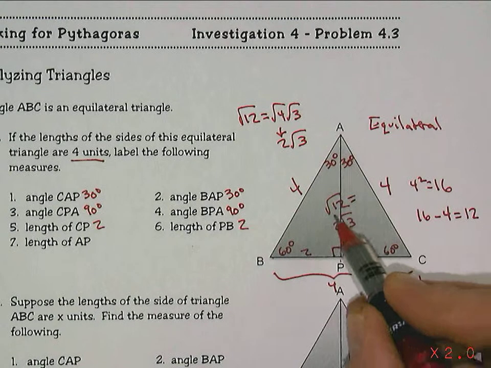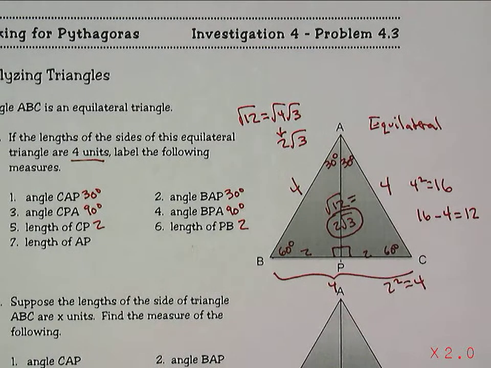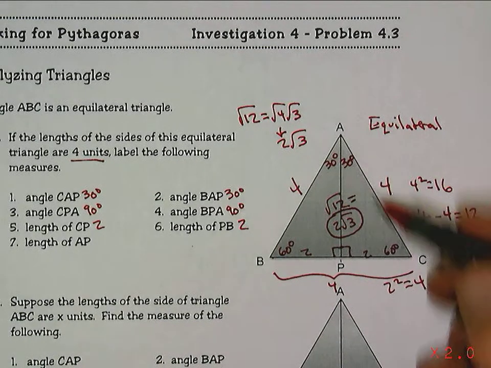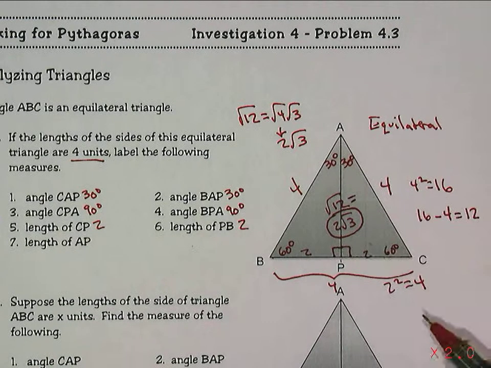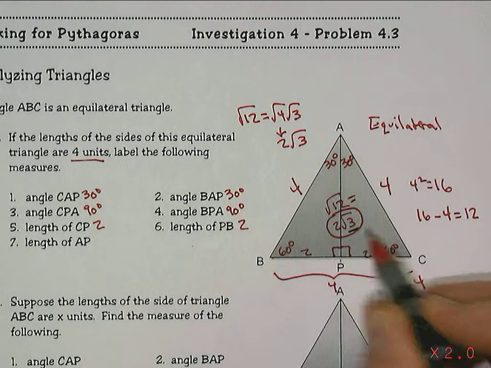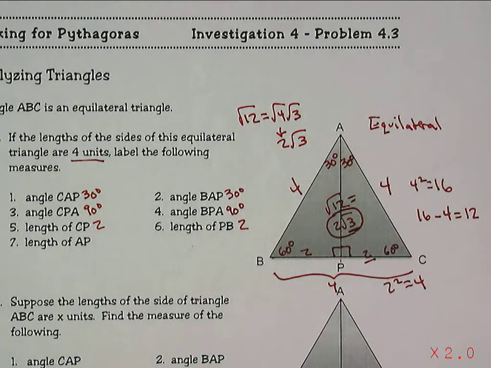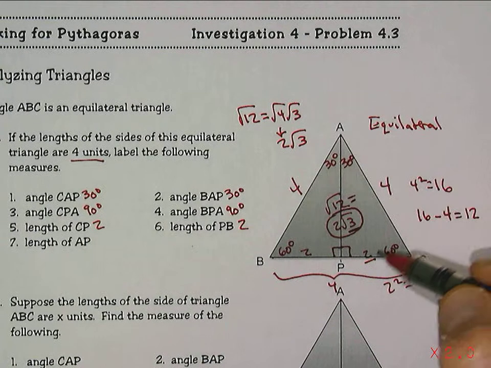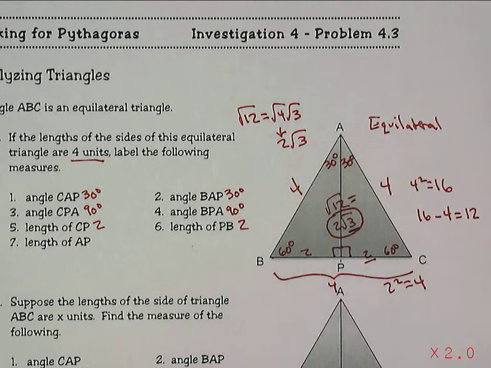And we want this amount because something happens with 30, 60, 90 triangles. This center line, or this leg of the triangle, always will have the square root of 3 as a factor, and then the base leg is the other factor. And then the hypotenuse side, simply because we cut this in half, will always be twice as much as this.